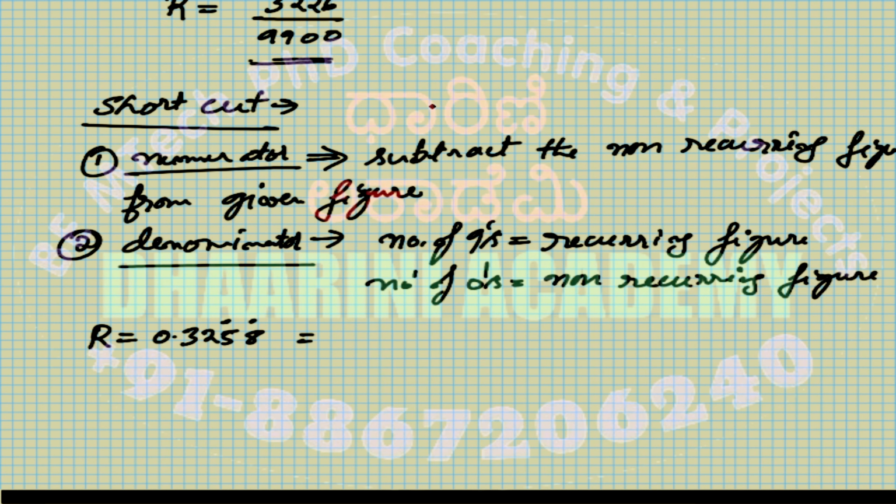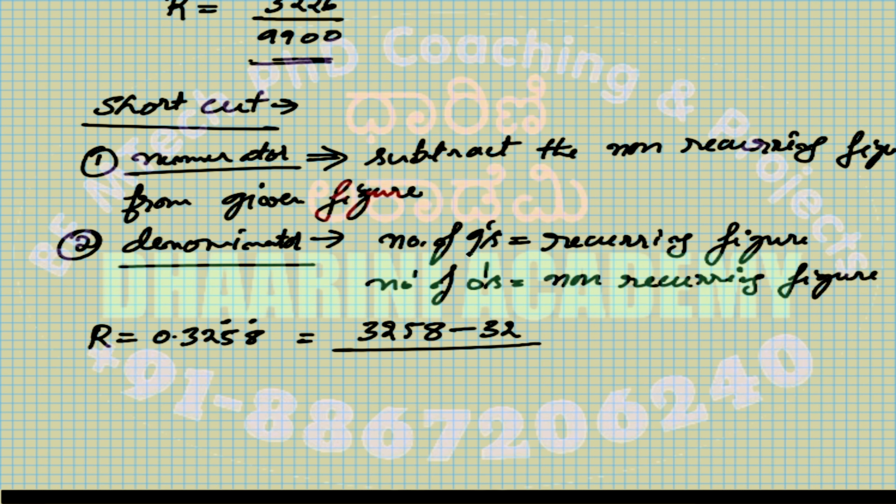The numerator is obtained by subtracting the non-recurring figure from the given figure. So the given figure is 3258 minus the non-recurring figure, 32. Remove the decimal; don't worry about the decimal.